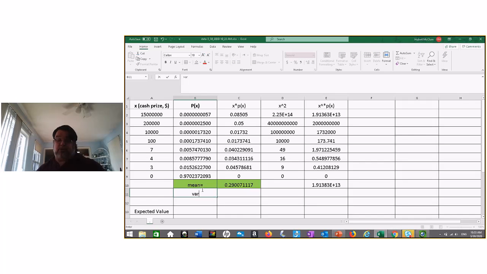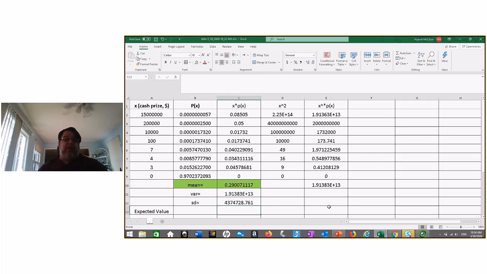Variance is equal to, okay, we're going to take this number, equals the big number here minus parentheses this number squared. And then the standard deviation is the square root of the variance, which is equal to this number raised to the 0.5 power.